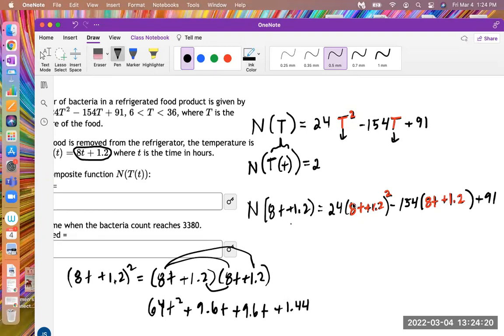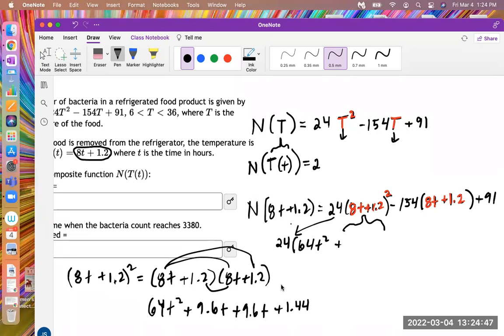Okay, so I have to recognize that all of this big mess just gets replaced by this, right? So I still have to be really careful. I still have to put the 24 in front. Then I'm substituting in for the red stuff: 64t squared plus, and I'm going to combine the like terms in the middle here.